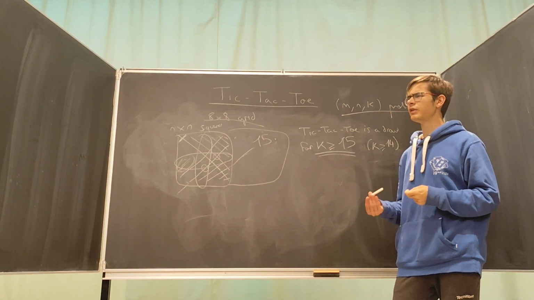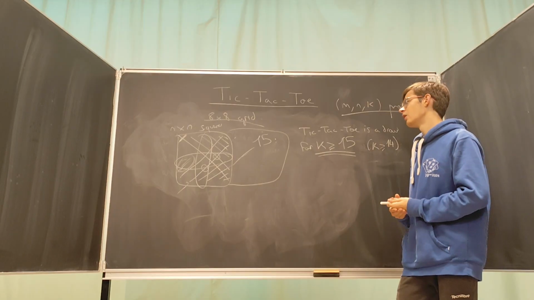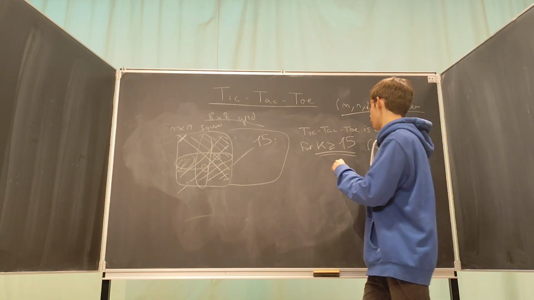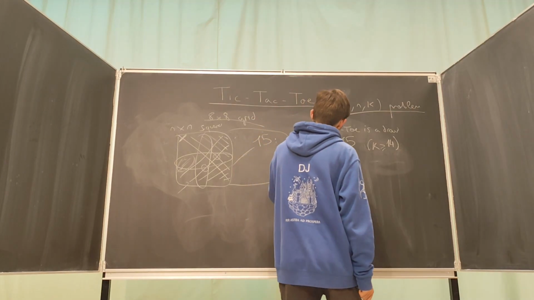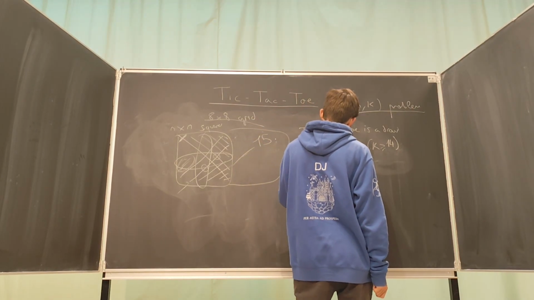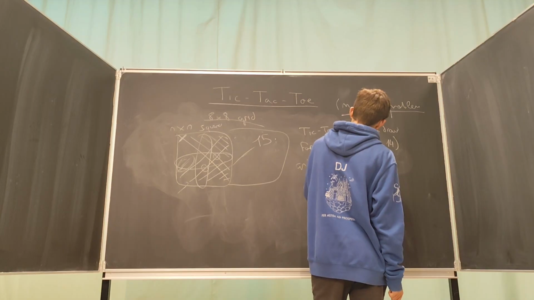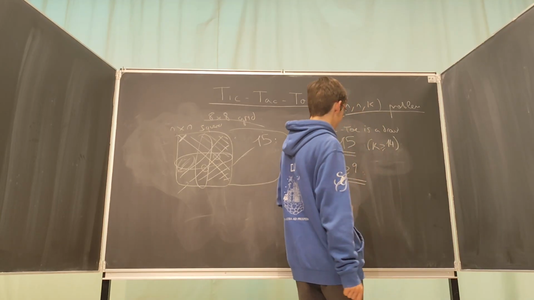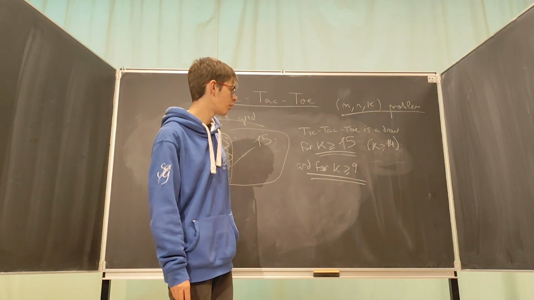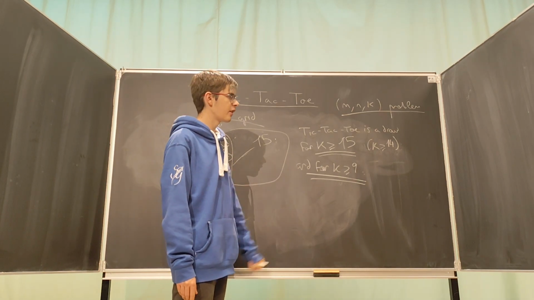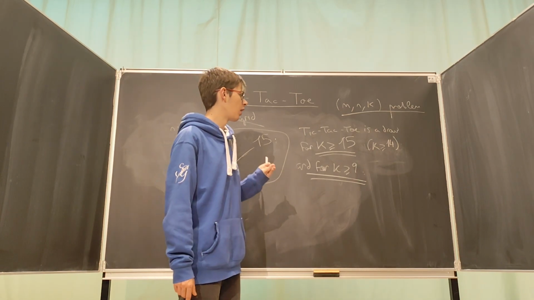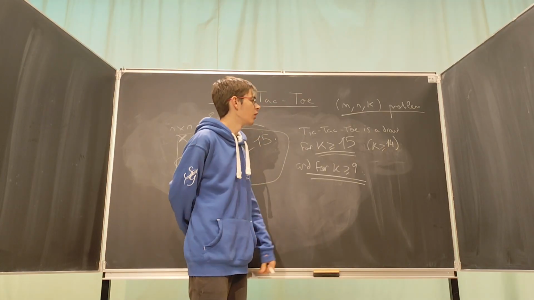And by doing these quite sophisticated pairings, they managed to show that tic-tac-toe is a draw for k larger than 9. And actually, you can find on the internet the construction of the pairing that shows this fact.